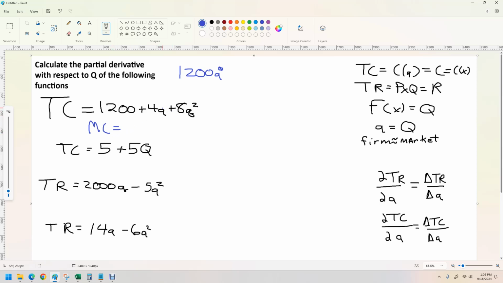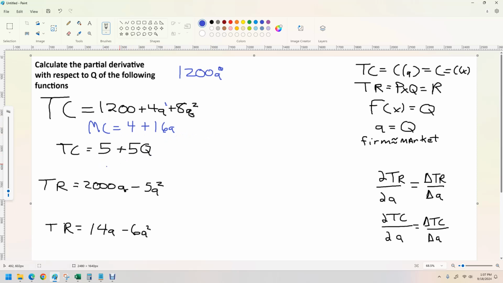So anyway, then this is q to the 1. We multiply that 1 by 4. We take away one of those exponents, and now it's just 4. This one here, we take 2, we multiply it by 8, we get 16, and then we get q. That's the marginal cost. That's the partial derivative with respect to q of that function.